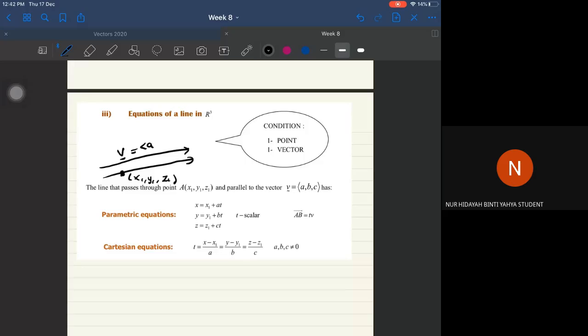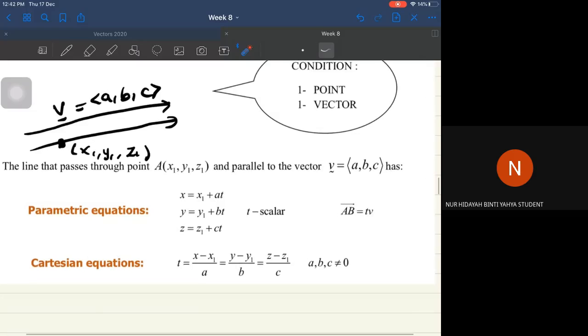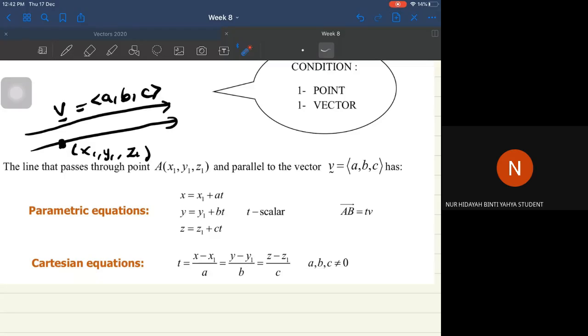A, B, C. Okay. So the parametric equation for this line is equals to x sama dengan x1 plus AT, y sama dengan y1 plus BT, z sama dengan z1 plus CT. Okay. Where T adalah skala.